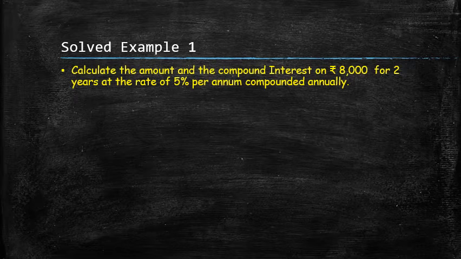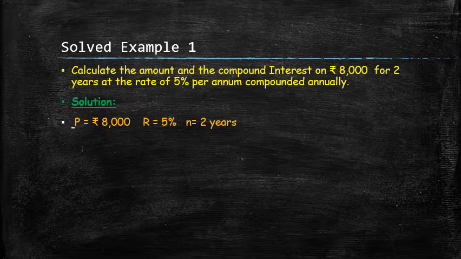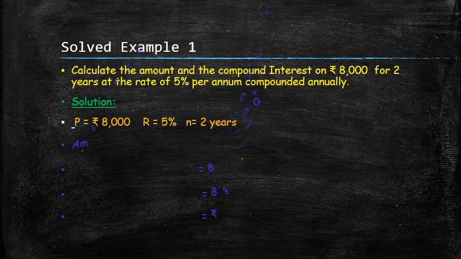Now let's see how to solve a question. Calculate the amount and the compound interest on rupees 8,000 for 2 years at the rate of 5% per annum compounded annually. The value of P here is rupees 8,000, R is 5% and N equals 2 years. Let us first calculate the amount.